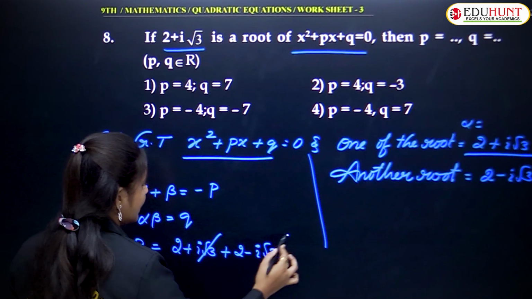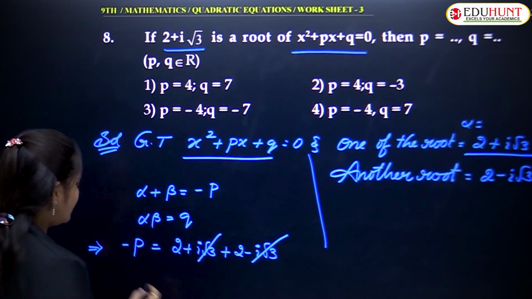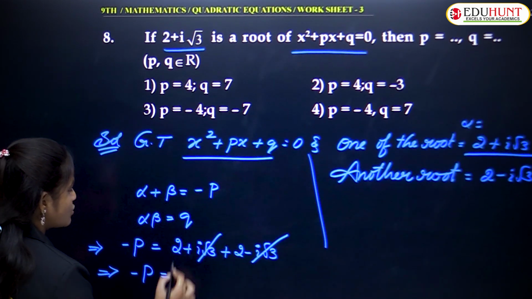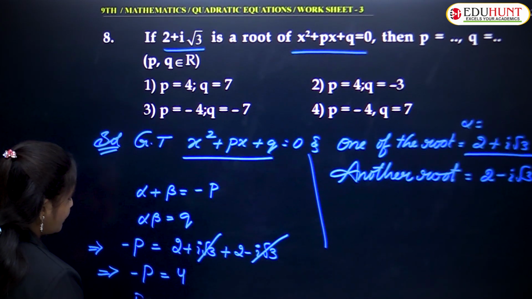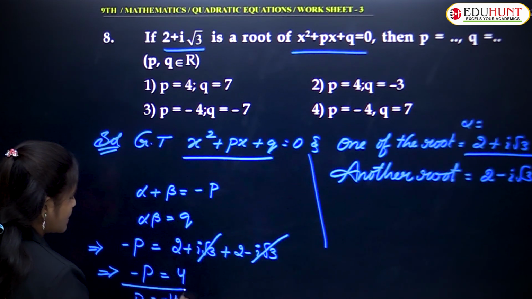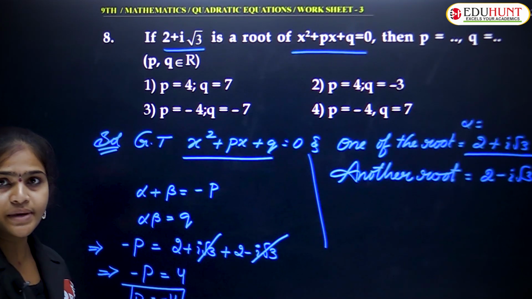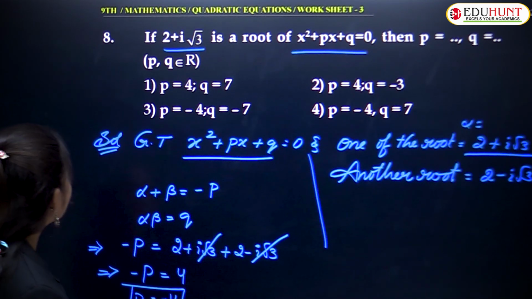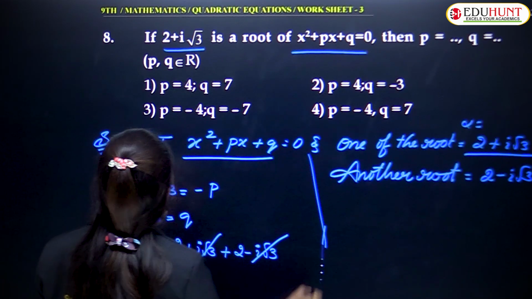The i root 3 and minus i root 3 get cancelled. So minus p is equal to 2 plus 2, which is 4. So p is equal to minus 4. Am I clear? So here we got the p value.